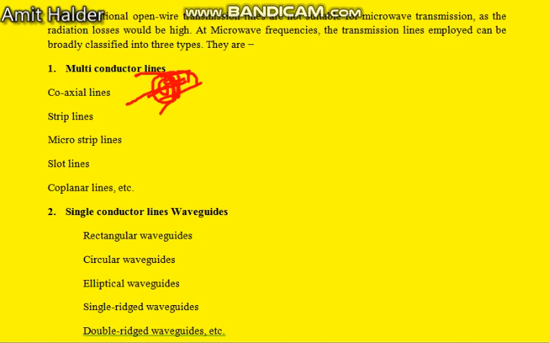The two conductors are separated by a dielectric material. It can be plastic or polystyrene, any kind of material like this. So these are the coaxial lines.